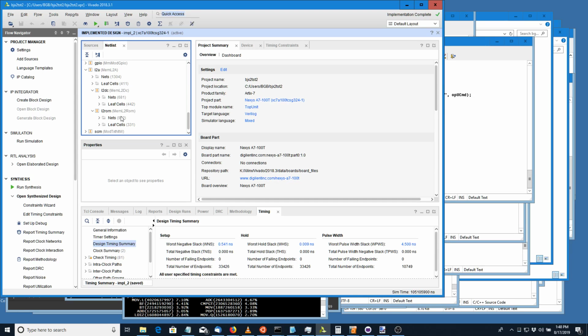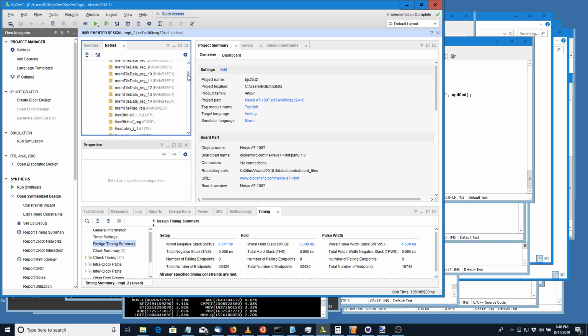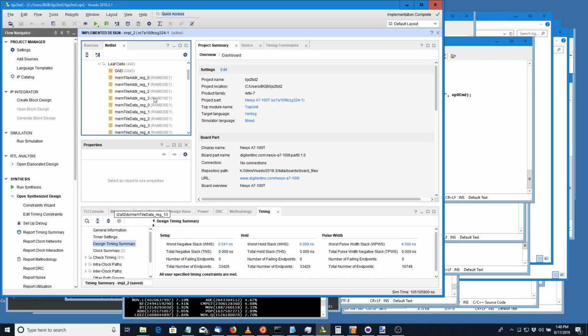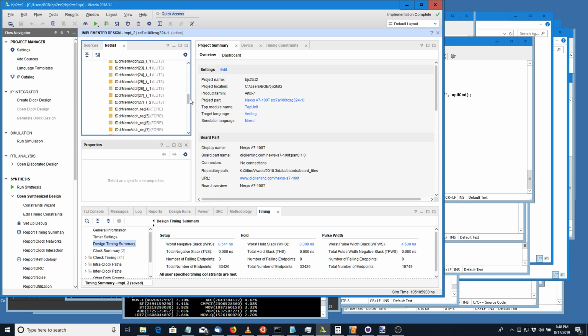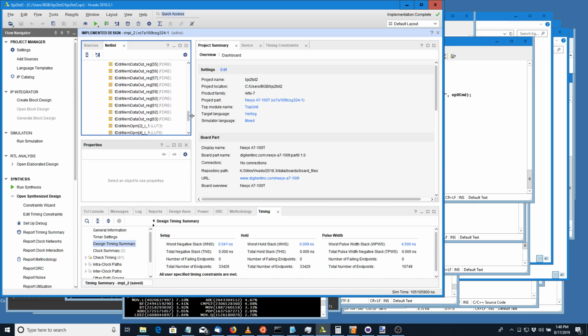But this is granted where a decent chunk of the block RAMs are going. So yeah, you see some block RAMs here, but a whole lot of flip-flops and LUTs, more flip-flops.